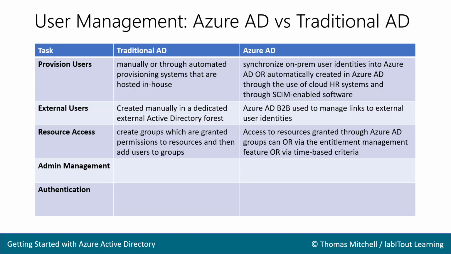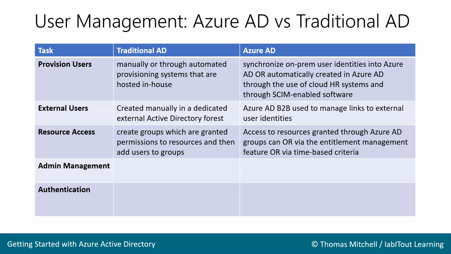Administrators in Azure AD can add users to groups manually, or they can use queries to dynamically include users in a particular group. The entitlement management feature of Azure Active Directory can be used to provide users with access to collections of applications and resources through workflows. Access can also be granted with time-based criteria as well.